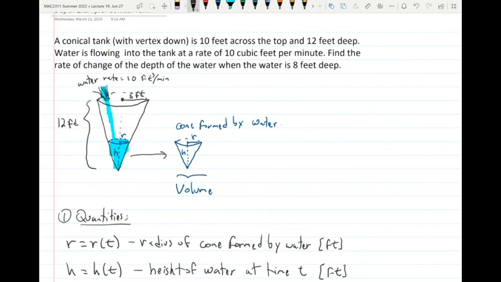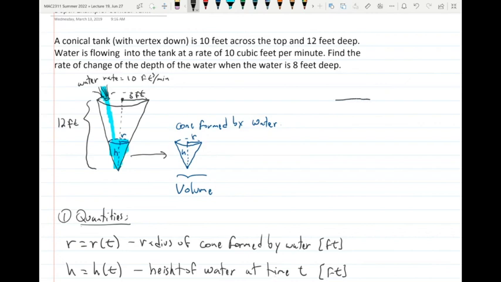So I'm going to stand this here, and I'm going to take a snapshot of this cross section of the cone. Imagine I cut this in the middle, and then half again. There are two right triangles involved here, one inside the other. Okay? So let me write it down. Good.